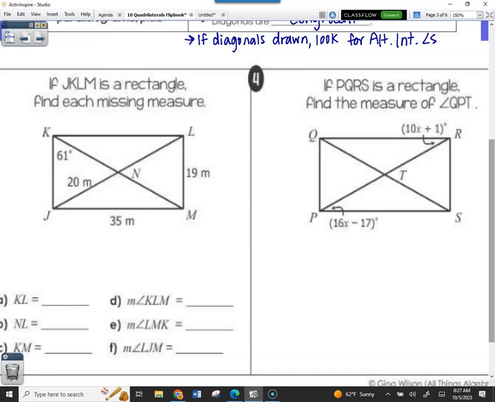So if it's 2 letters, it's a what? It's a length. These are segments. Whether it's the edge of the rectangle or whether it's the diagonal. And then what are these? These are angles.